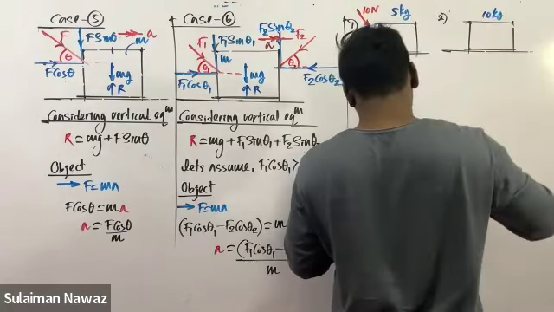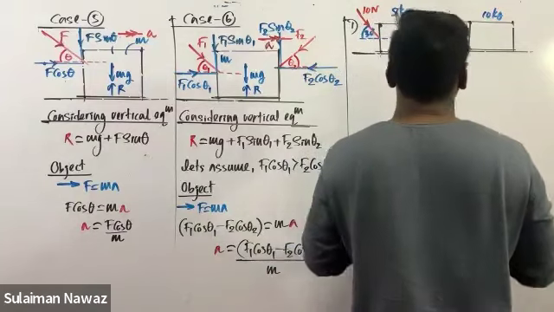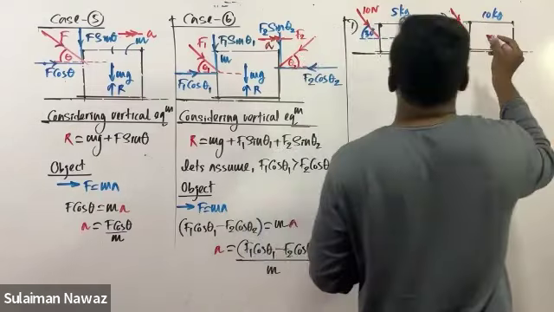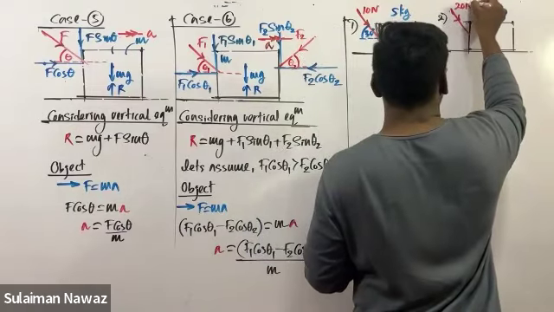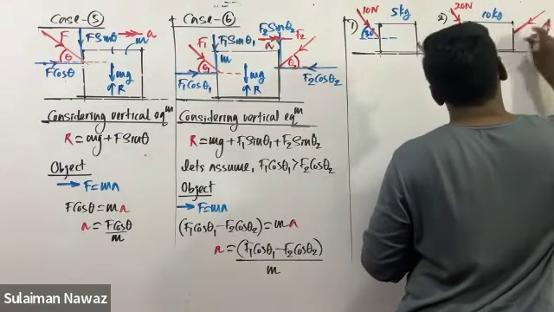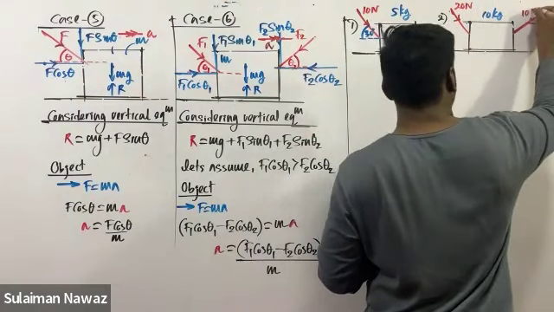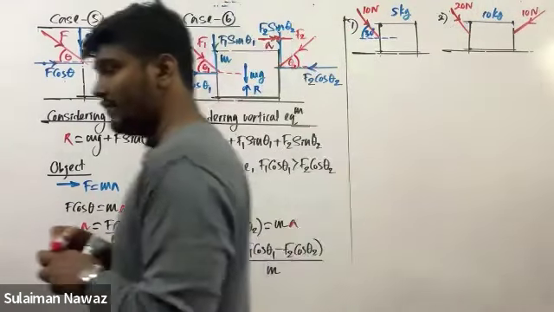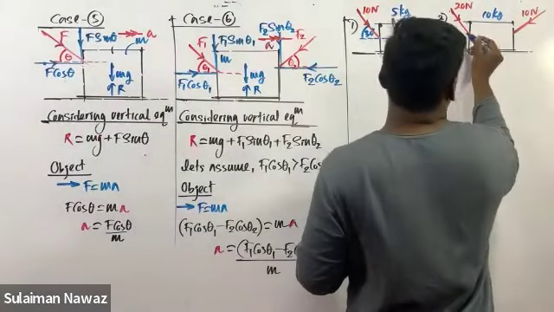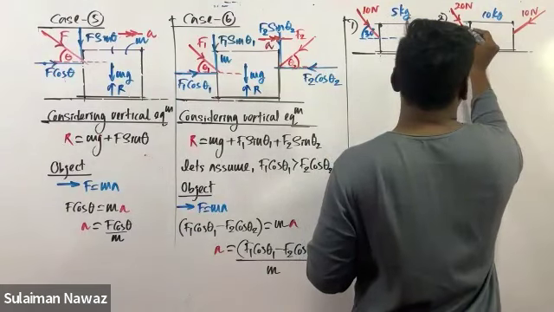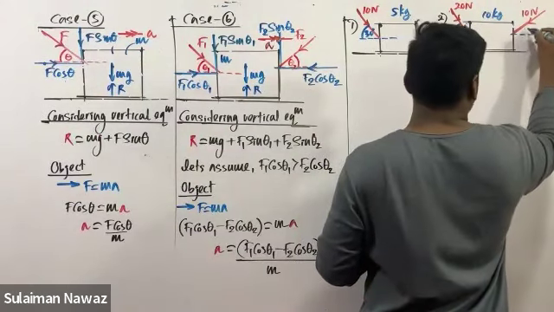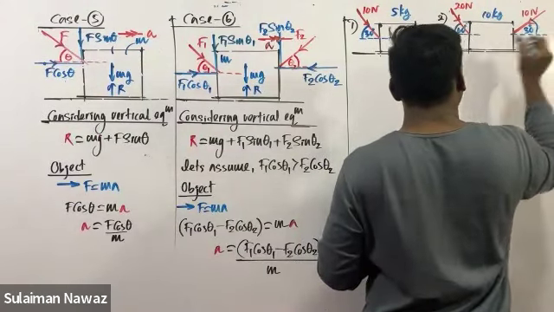There are two inclined forces: 20 newtons and 10 newtons. The angles are 60 and 30.